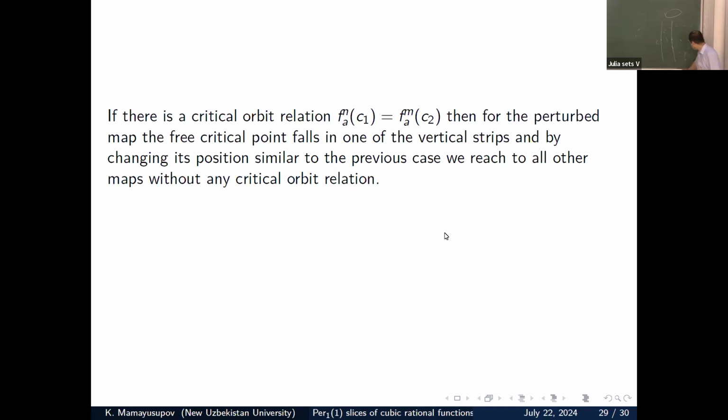Now, again, the same construction works. You perturb it very little. You have two situations. Of course, here you can have three situations. You are either here, or you are on this image of the boundary of the petal, or you are here.